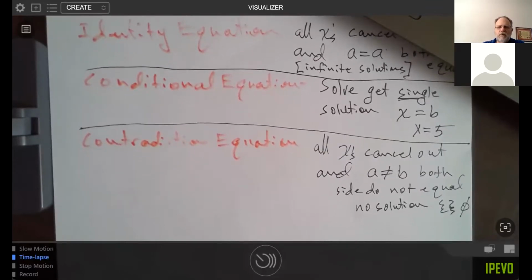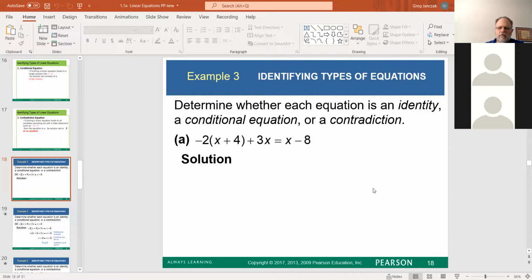All right, while we're waiting, we'll go ahead and look at what the next equation is. We want to determine the types of equation that we have here. Let's look at solving this and see what type this is. We want to solve and determine the equation type.